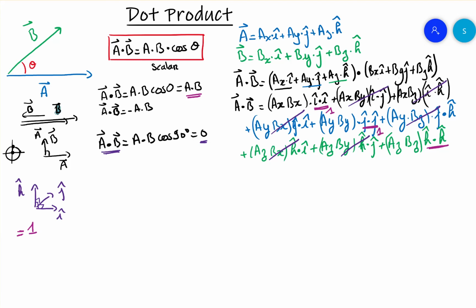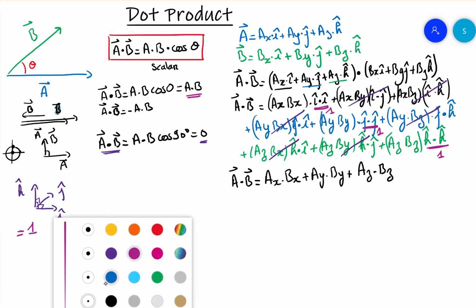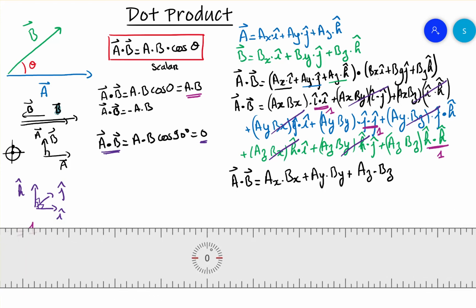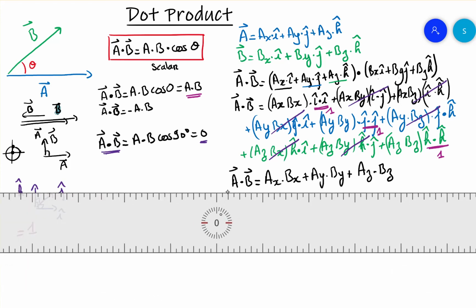Finally, the dot product is equal to Ax times Bx, the components on x multiplied together, plus Ay times By, plus Az times Bz. And that's the second definition of the dot product that we will use.